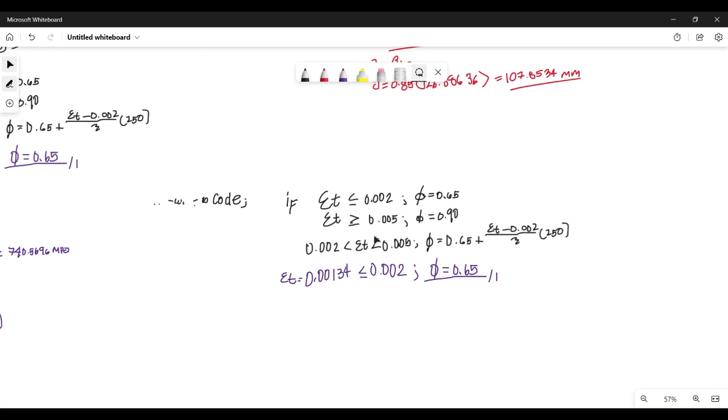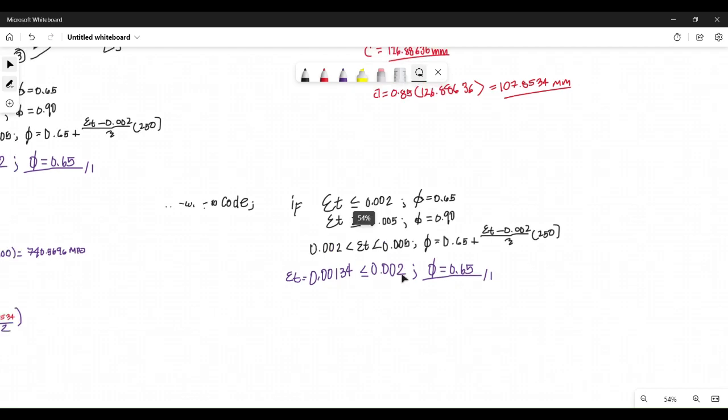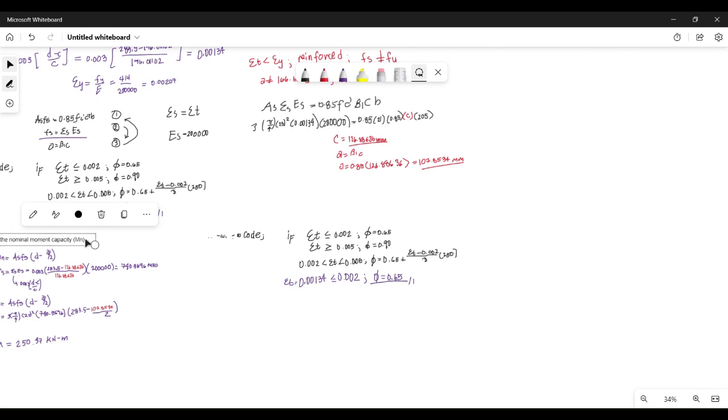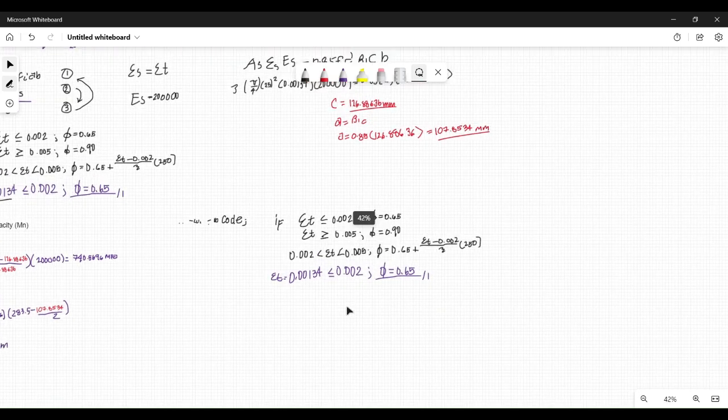If your strain T is greater than or equal to 0.005, you will use 0.90. Since our strain T is less than or equal to 0.032, we will use 0.65 as our reduction factor. So we have to get the ultimate moment capacity.